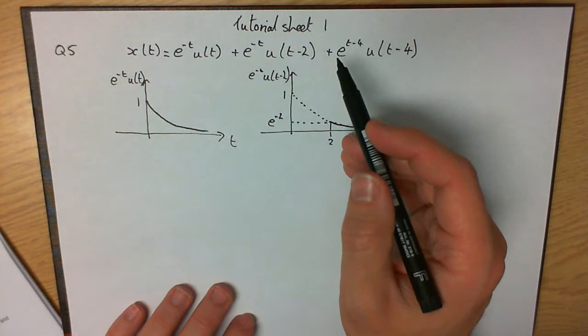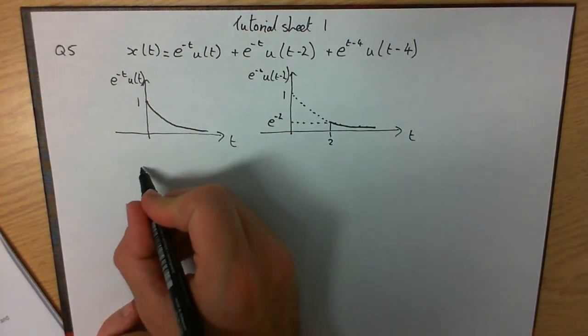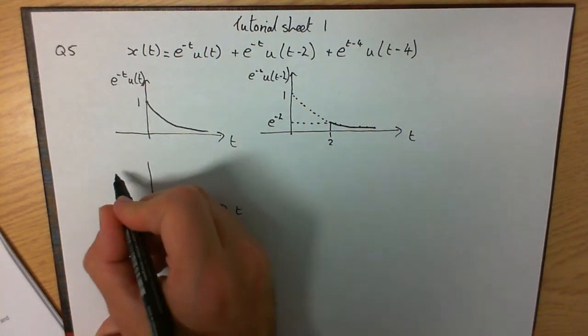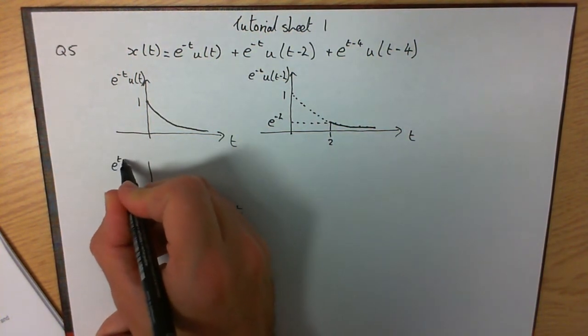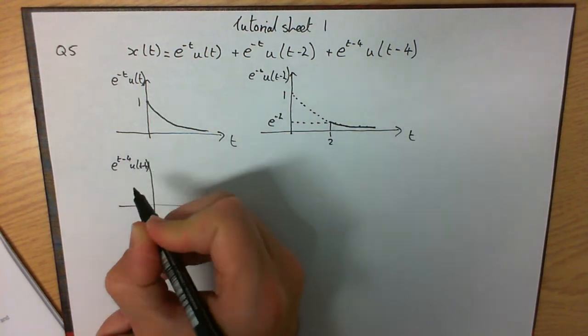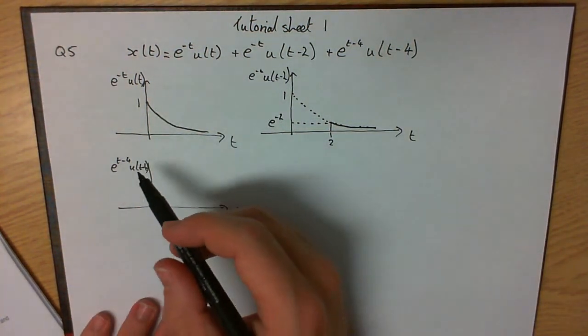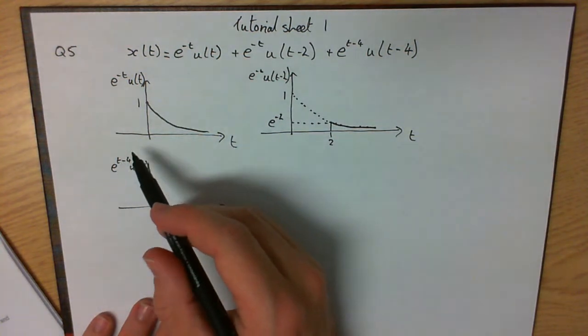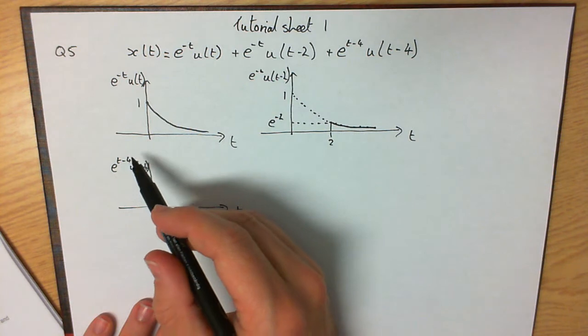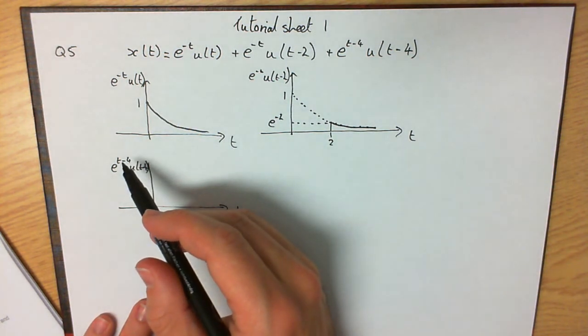The third function we'll plot is e to the t minus 4 u of t minus 4. Well, in this case we've got an exponentially rising function, but it's time shifted to t equal to 4.